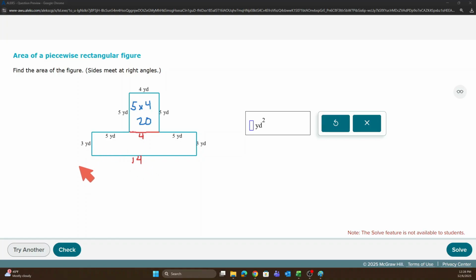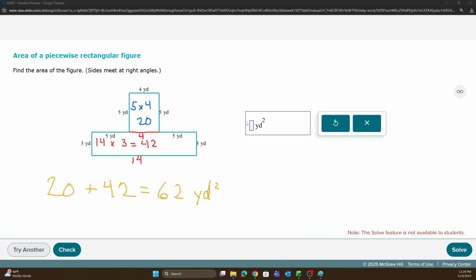So we have 14 times 3, and that equals 42. So our total area, when we add everything up, is going to be 20 plus 42, which equals 62 yards squared.